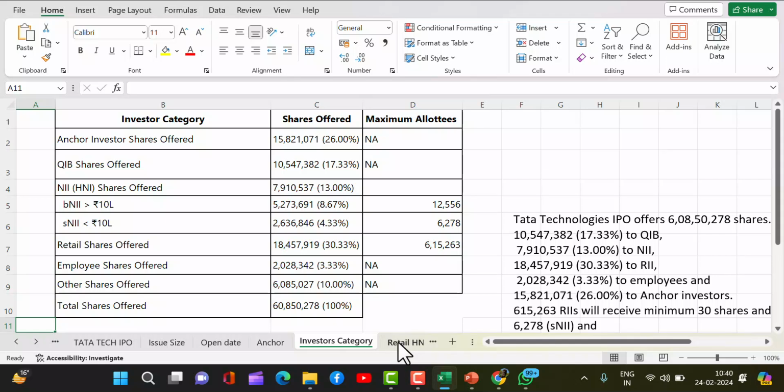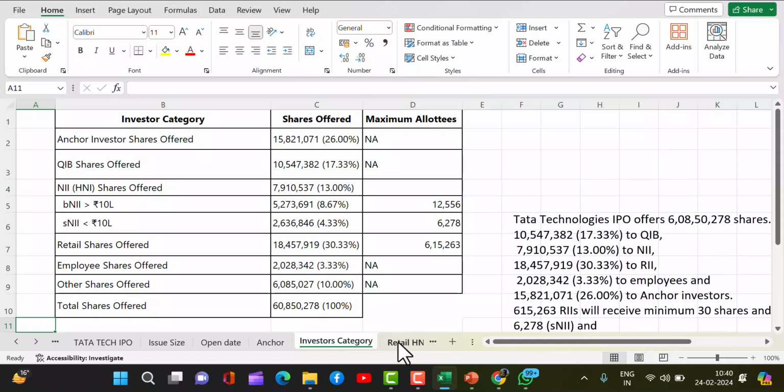Okay. Then NIIs, 13%. Within NIIs, big NIIs and small NIIs. So greater than 10 lakhs, and this is less than 10 lakhs. Okay. Fine. So they are offered 13%. Then retail shares offered, 33% was offered to the retail investors. Employees, 3.3%. Others shares offered, 10%.